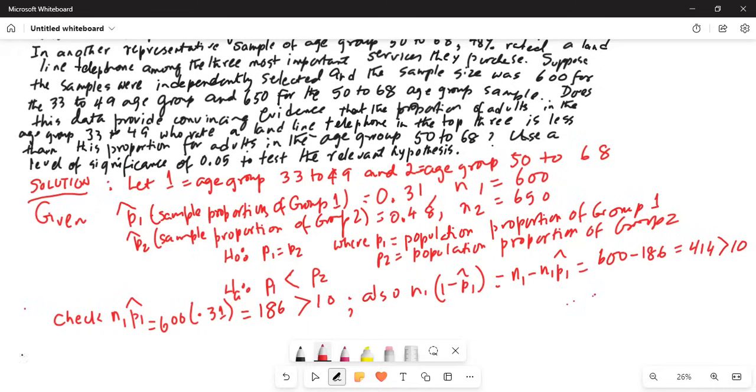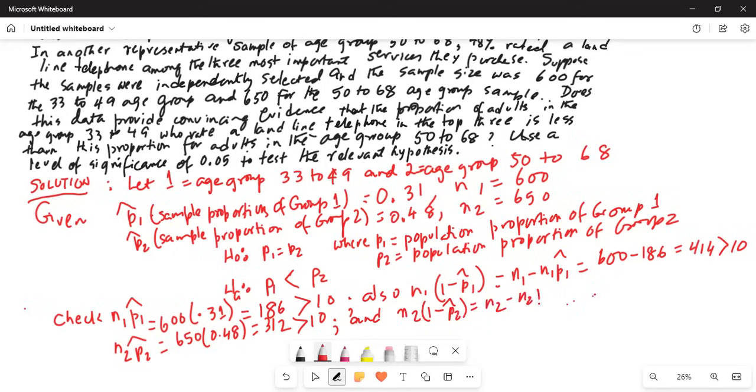We also check the number of successes in group 2. N2 times P2 hat is equal to 650 multiplied by 0.48 is equal to 312. That is greater than 10. And number of failures, N2 times 1 minus P2 hat is equal to N2 minus N2 P2 hat is 650 minus 312, which is 338, which is also greater than 10.